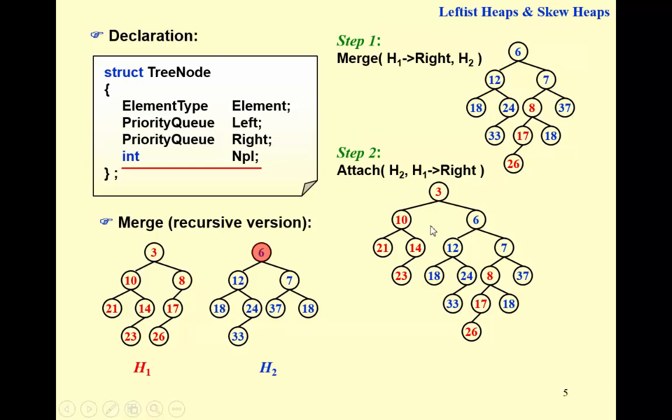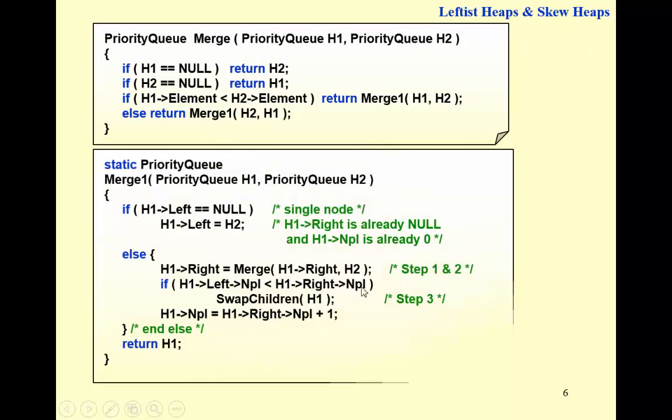So what can we do? Simple, right? Just check the null path length. If it violates the property, just swap them. Swap the right child with its left child. That will do. Now let's see how to write the programs.